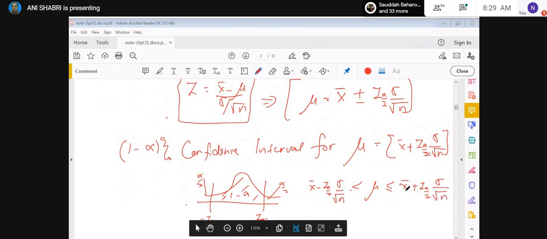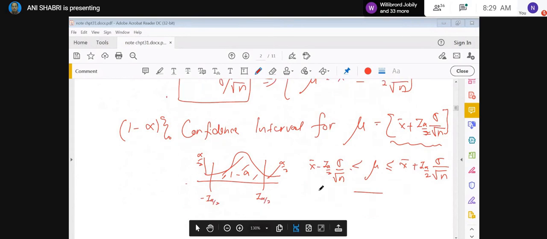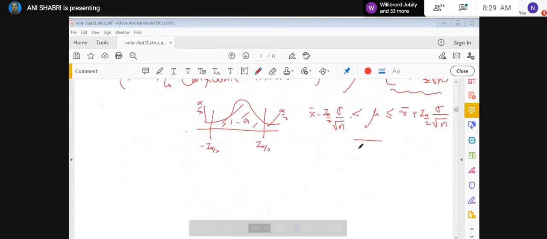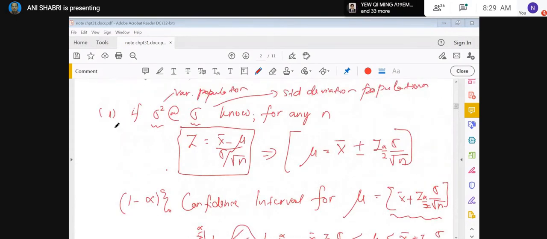Normally we just use this formula, so easy. This is formula number 1.